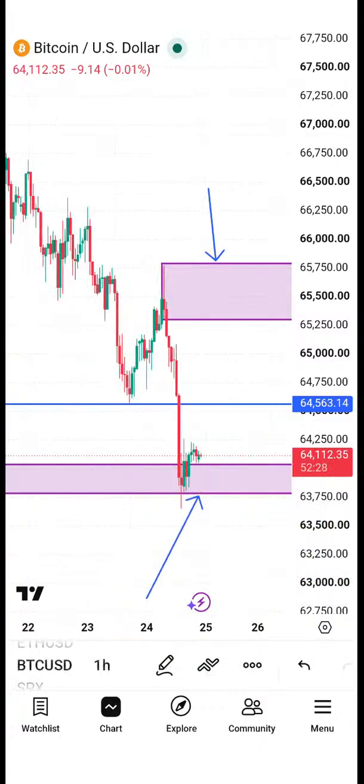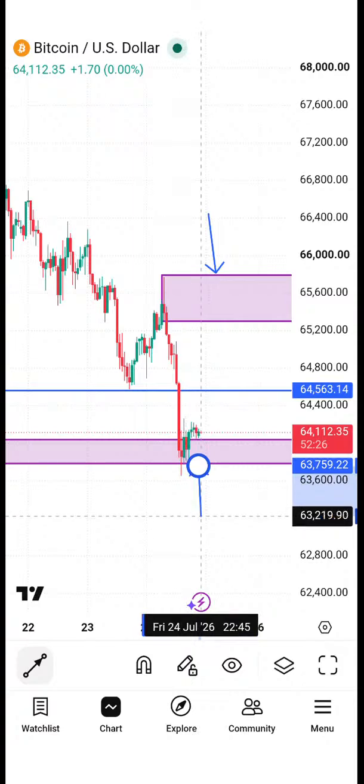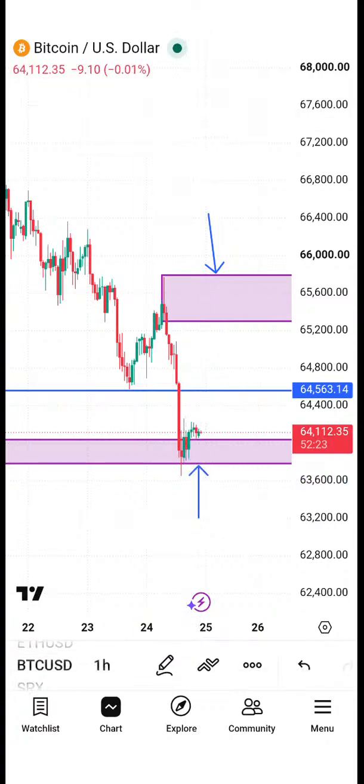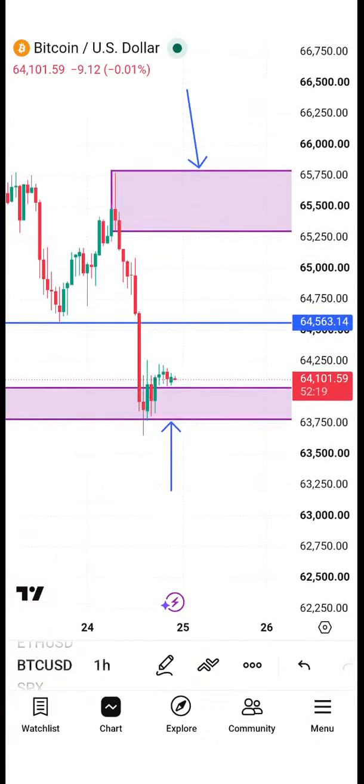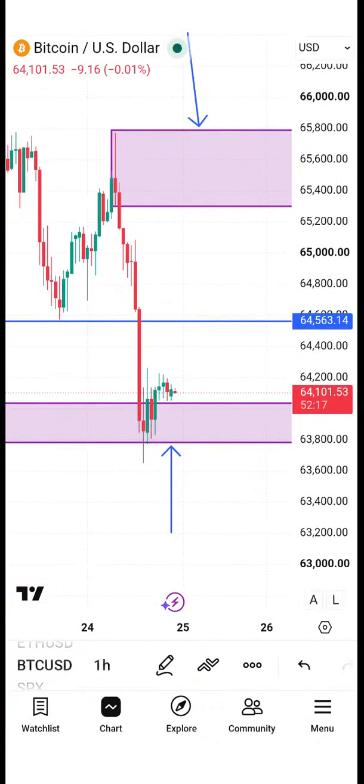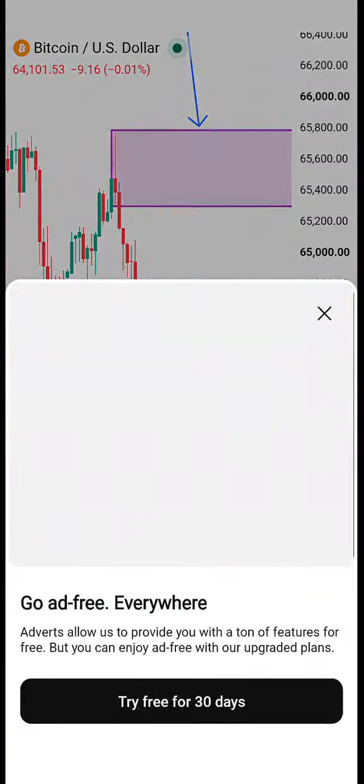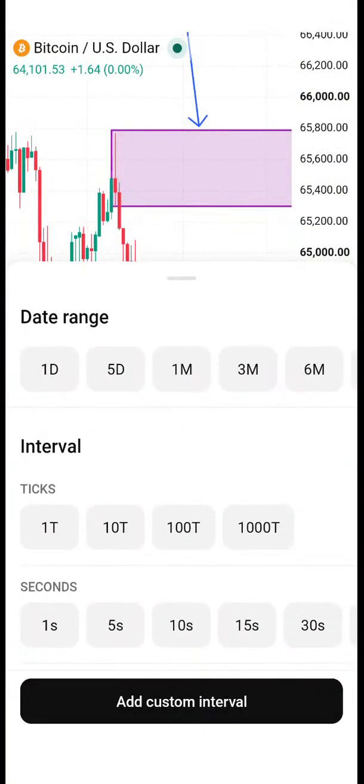We have our support area. Our support area. Okay, let's switch to the 15-minute.